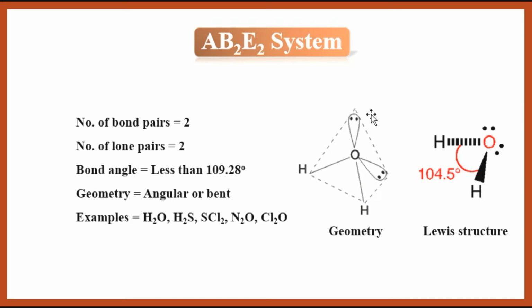Since there are 2 lone pairs, they would repel the bond pairs even closer to each other, rendering the value of the bond angle much lesser than 109.28 degrees. Hence, their geometry would be angular or bent. The different examples under this category are water, hydrogen sulfide, sulfur dichloride, N2O, and Cl2O.